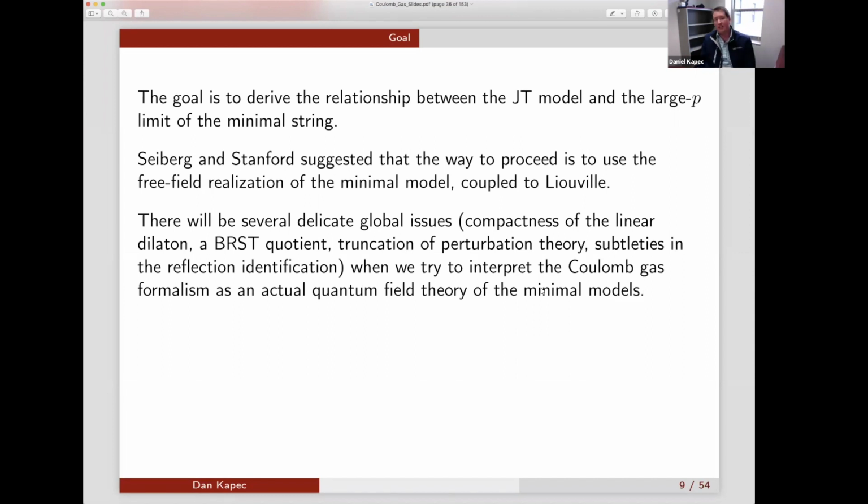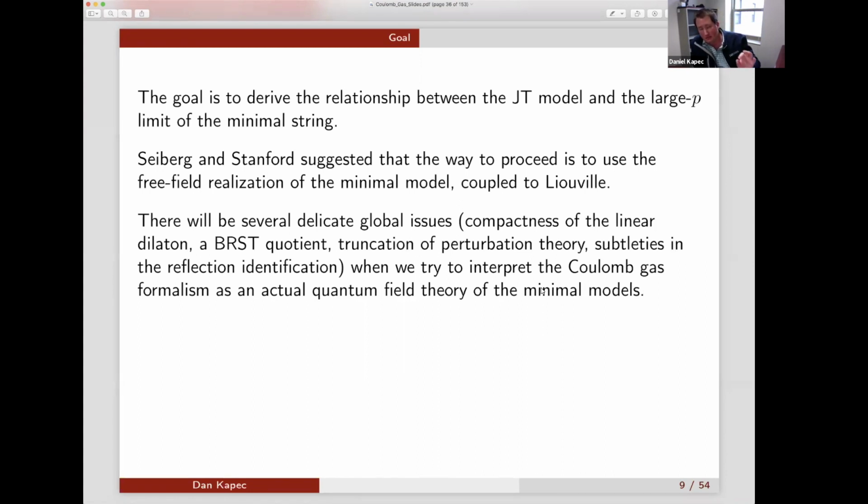But what we're going to see is that there are several delicate global issues involved in that description, in particular compactness of the linear dilaton, a particular BRST quotient that you have to take. There's very subtle questions about truncation of perturbation theory and subtleties in the reflection identification.